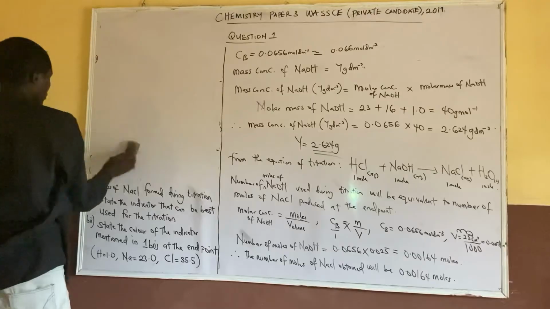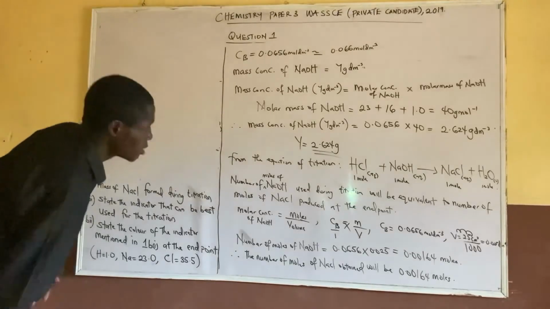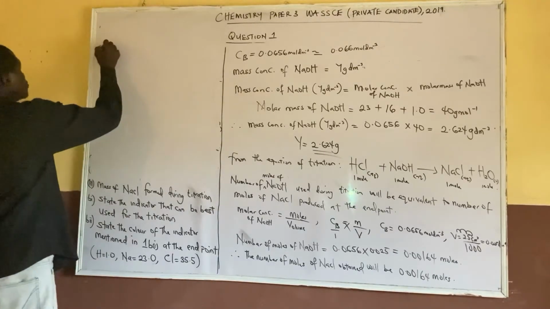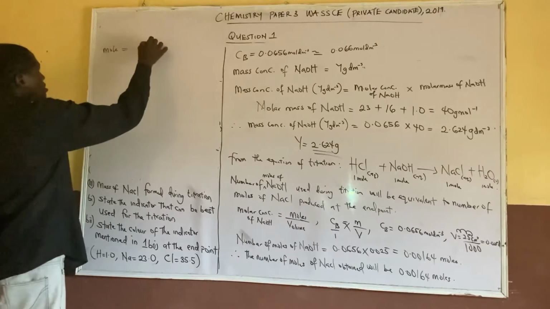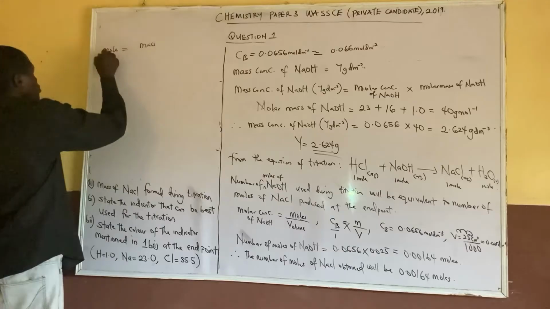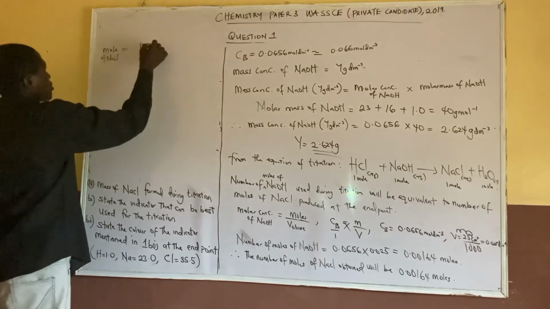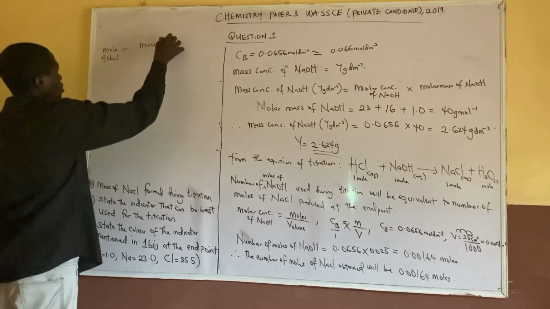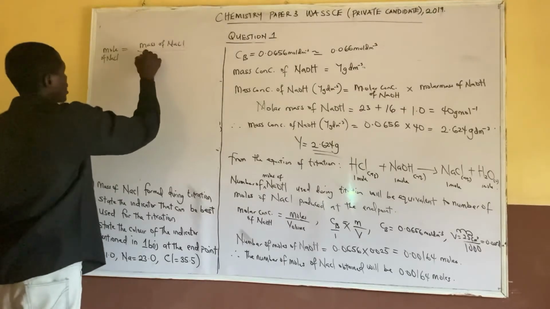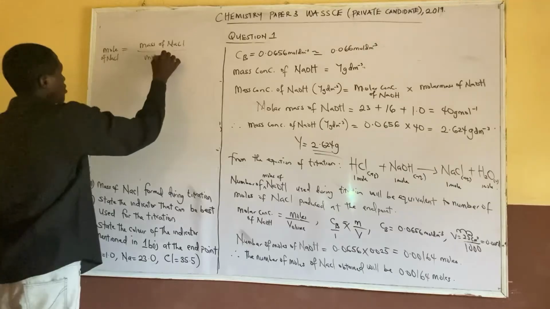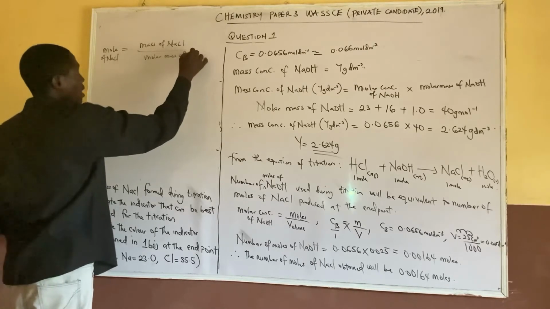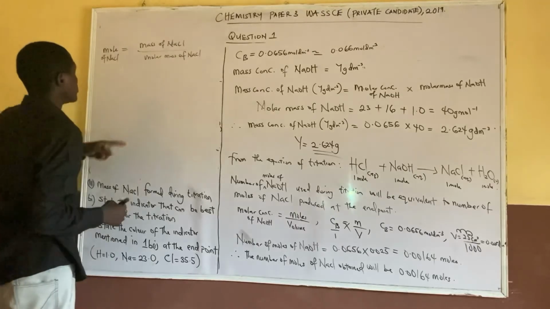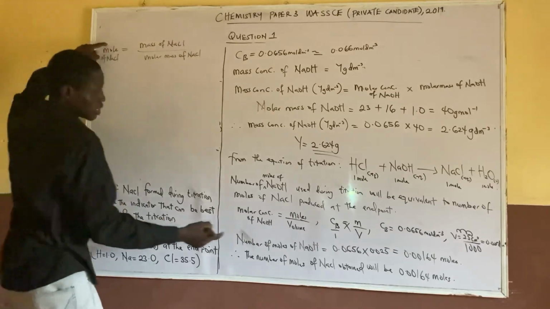We just use moles. You know that the moles of the substance is given by mass over molar mass. So moles of sodium chloride, which we are considering now, equals mass of sodium chloride all over molar mass of sodium chloride. We have known the number of moles, which is 0.0164.